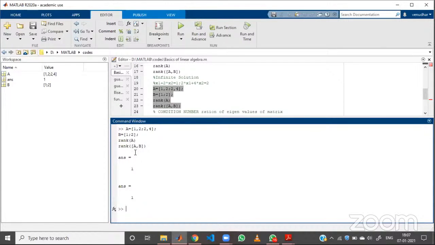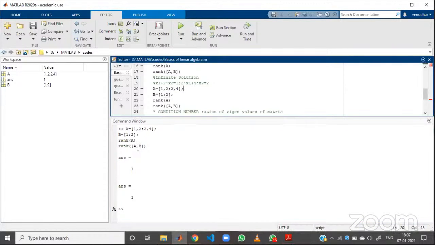In this case, the rank of the matrix A is 1 and the rank of the augmented matrix [A B] is also 1. So in this case, we have infinitely many solutions. So these are the basics of linear algebra: unique solution, zero solution, and infinitely many solutions.